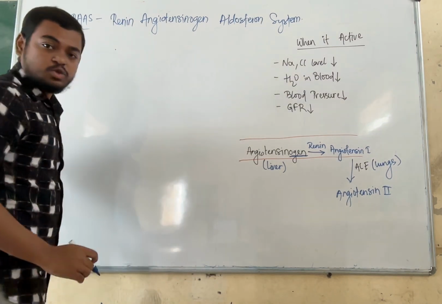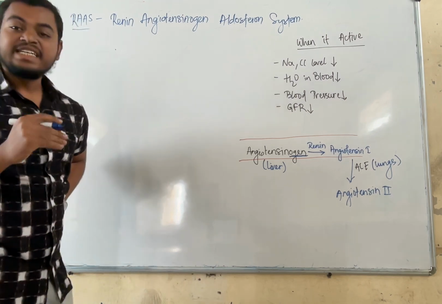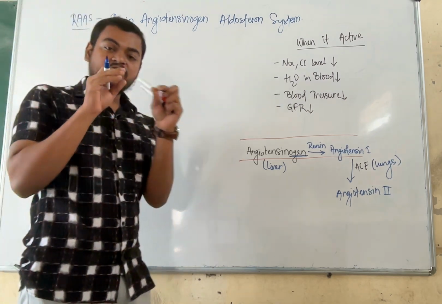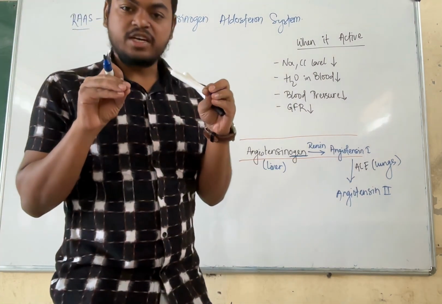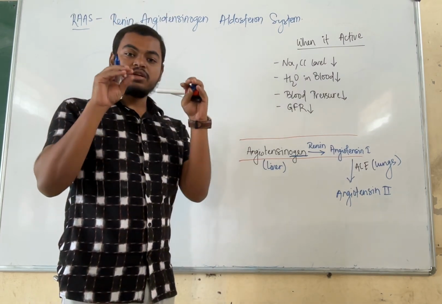Angiotensin 2 will act upon the adrenal gland, which is situated on either kidney, found on both the kidneys.